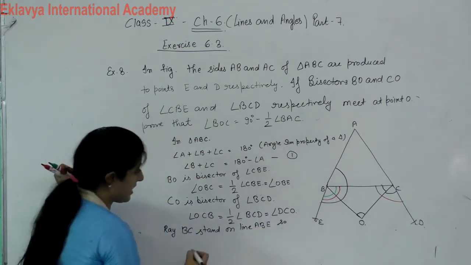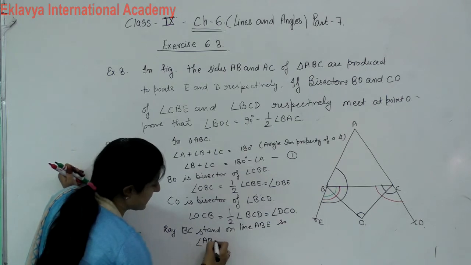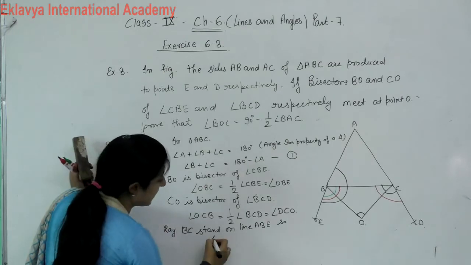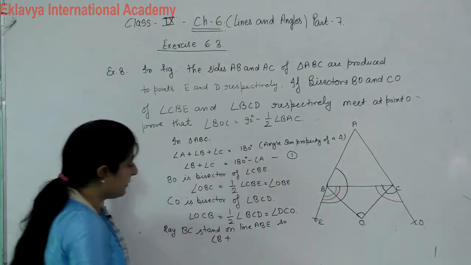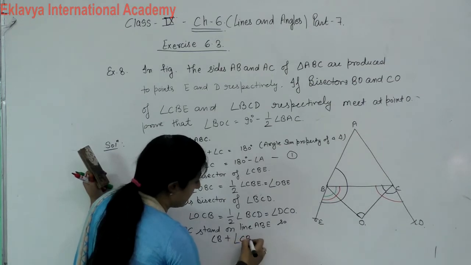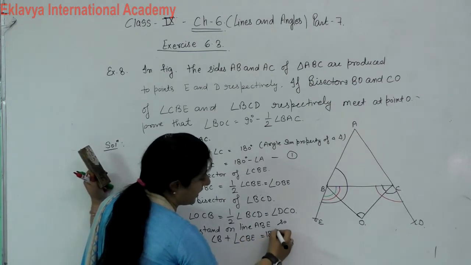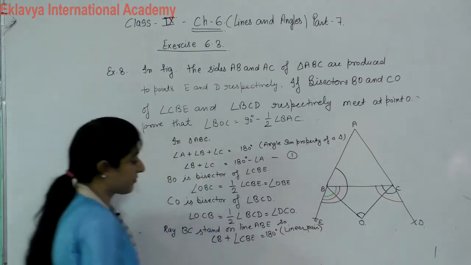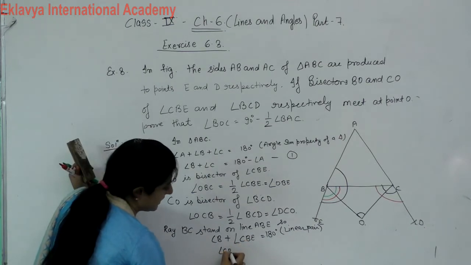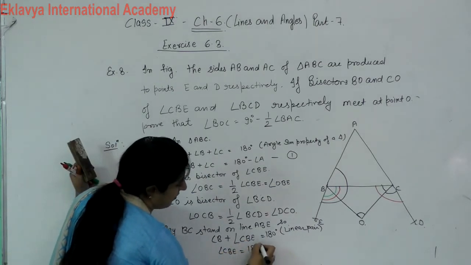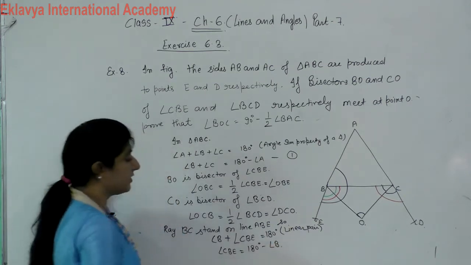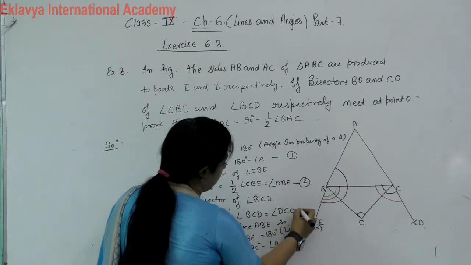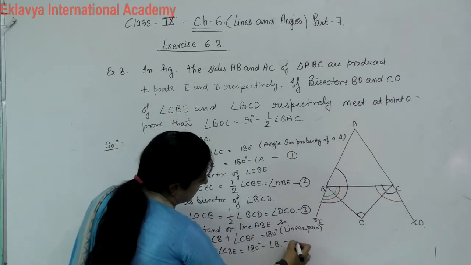So angle ABC, or you can directly write angle B, interior angle, plus angle CBE is equal to 180 degrees. Reason is linear pair. So CBE is equal to 180 degrees minus angle B. These equations are second, third, and this one is fourth.